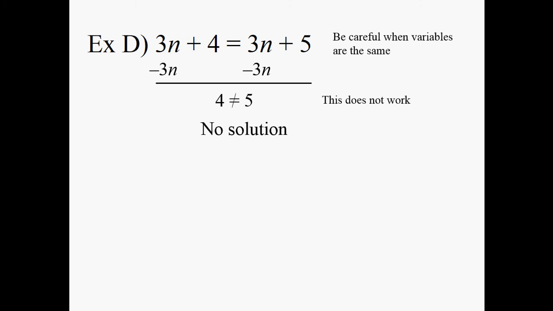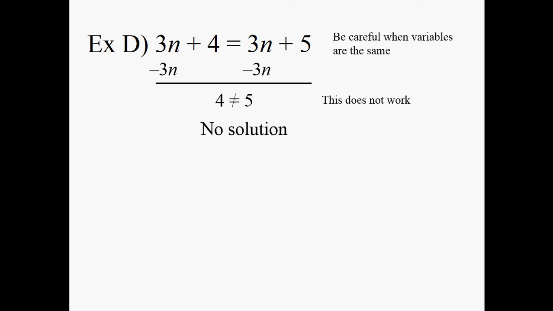Because I have to put the same number that I want to test at both ends. So if I wanted to test 1, it'd be 3 times 1. And on the other side, it'd still be 3 times 1. So there's no way that I get it. It might come out to like 8 equals 9, -5 equals -4, whatever the case is. But the numbers will never be the same in this situation, so our special answer is no solution.